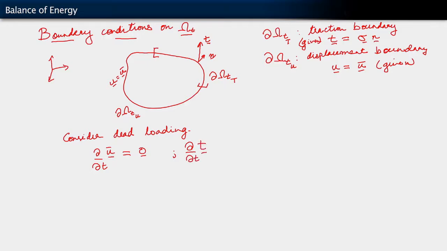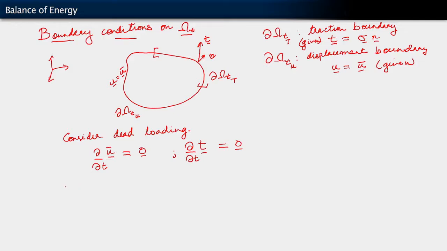I realize this looks strange because we finally have a collision between the two uses of t, but that is just a material time derivative of the traction. We're saying that this too is 0. So these are the conditions of dead loading. We have loading acting on the body, producing certain velocities and so on, but the conditions we're applying on the body are fixed in time.